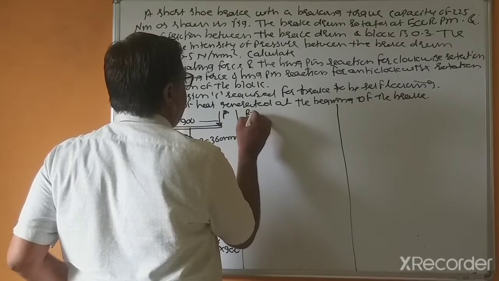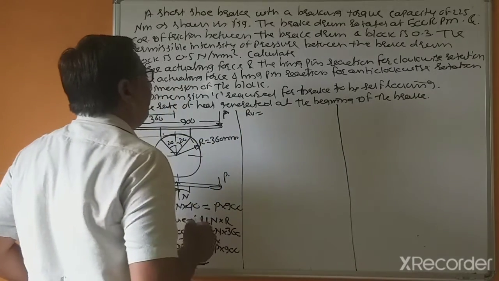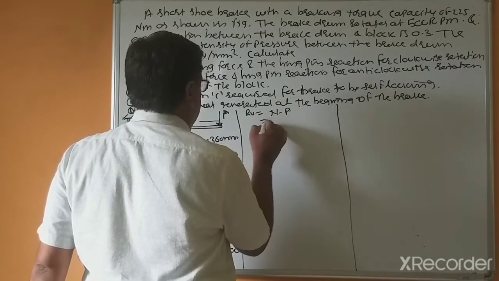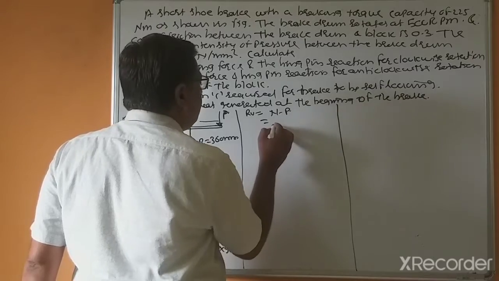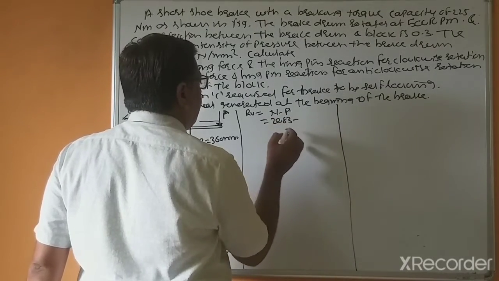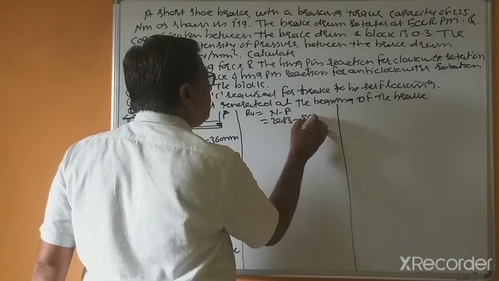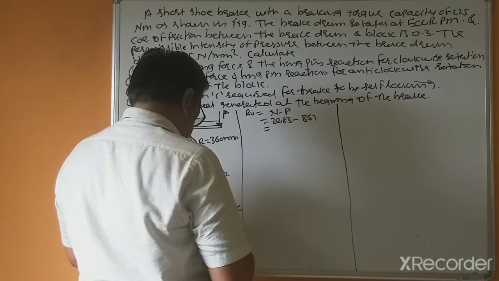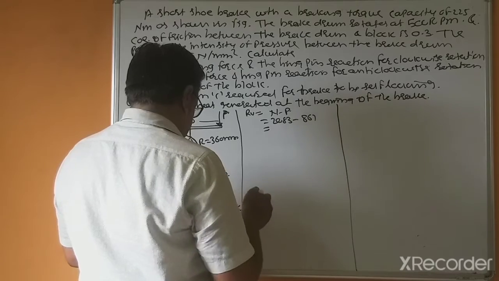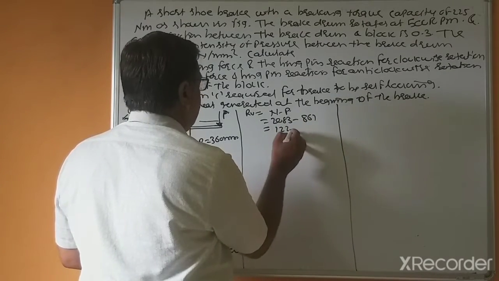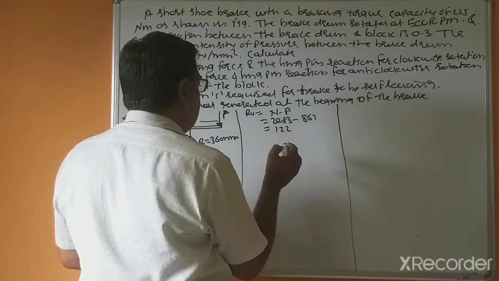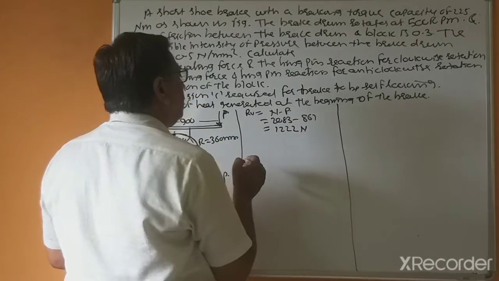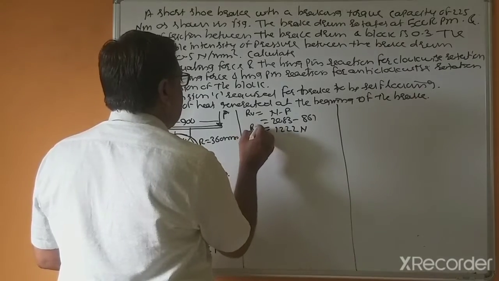So that's the hinge pin reaction. RV equal to N minus P. N equal to 2083 minus P 861 equal to 1222 Newton.